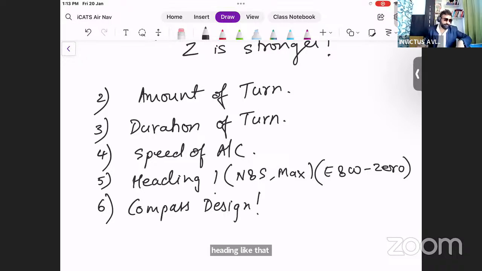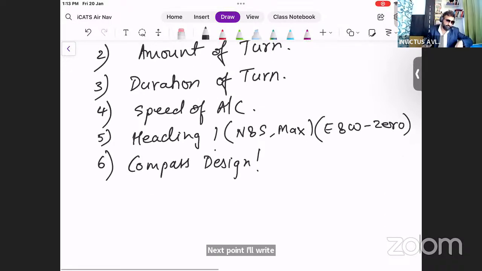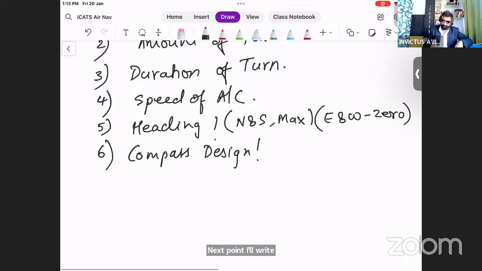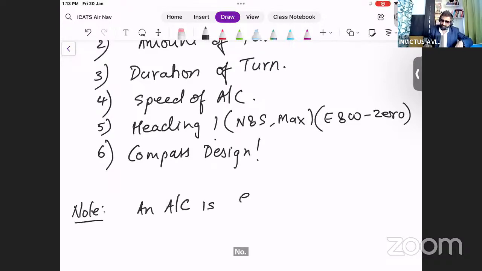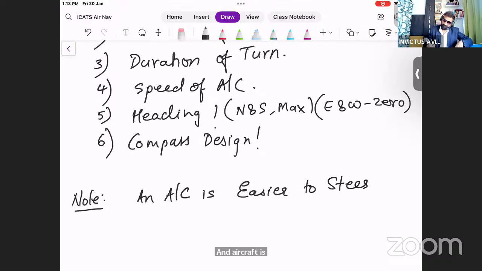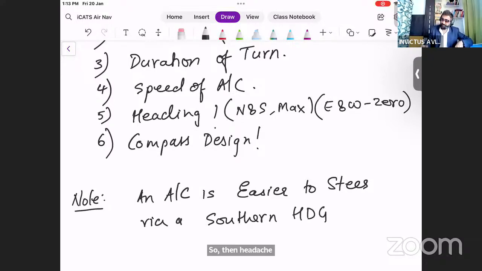Next point you will write down. Note, an aircraft is easier to steer via a southern heading in the northern hemisphere.